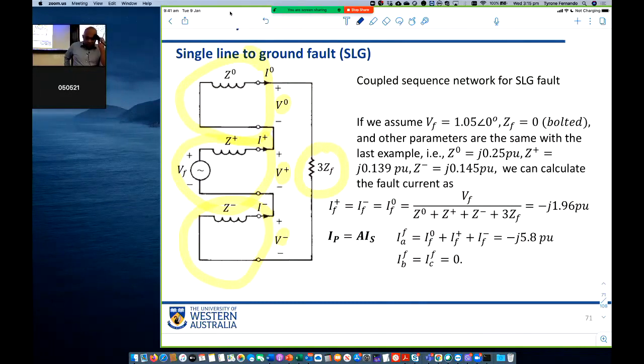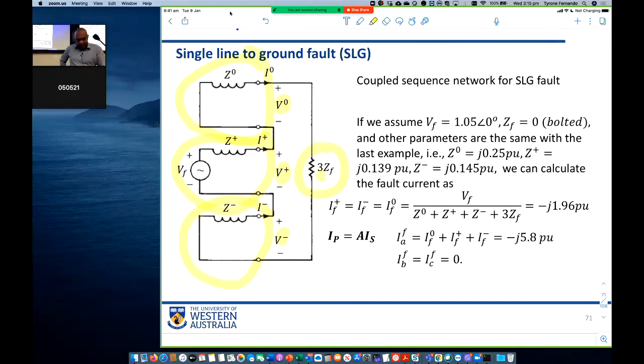Okay, so to do a little example, assume the fault voltage is 1.05, in other words, where the fault occurs on the network. Before the fault, the voltage is 1.05 angle 0, and it's a bolted fault.